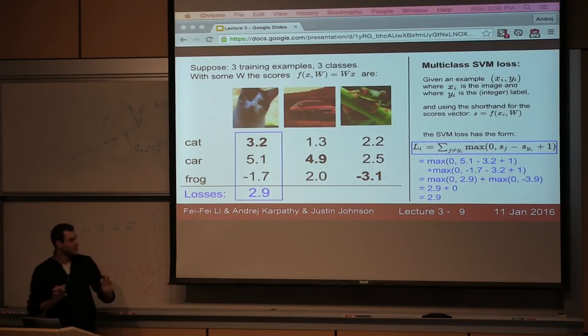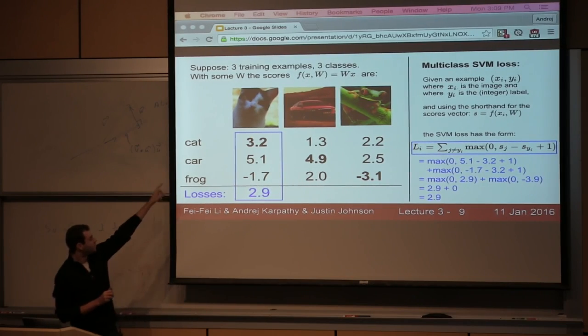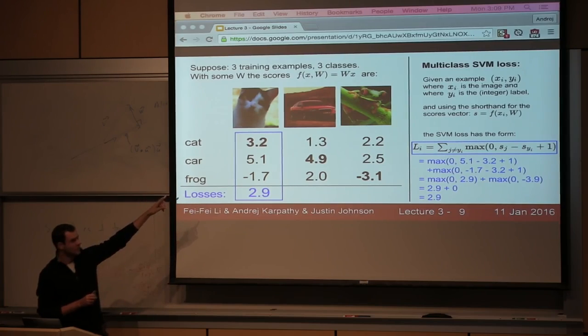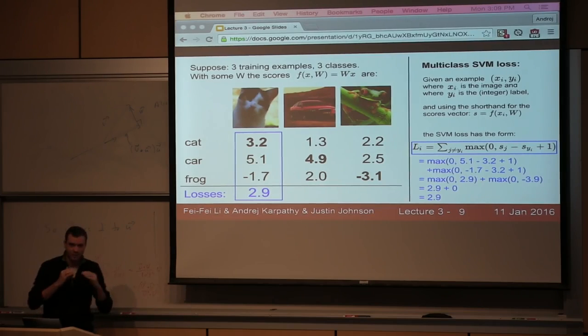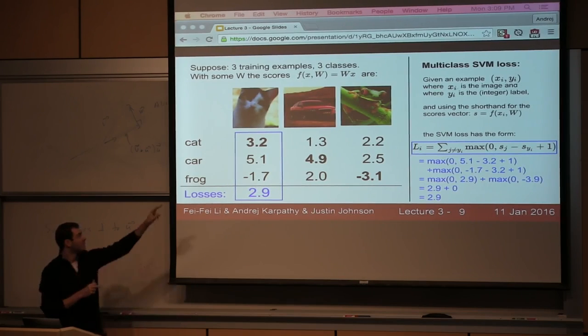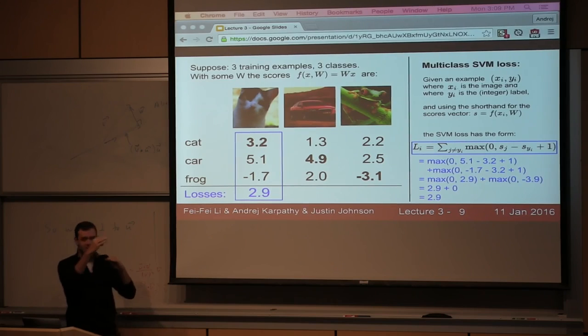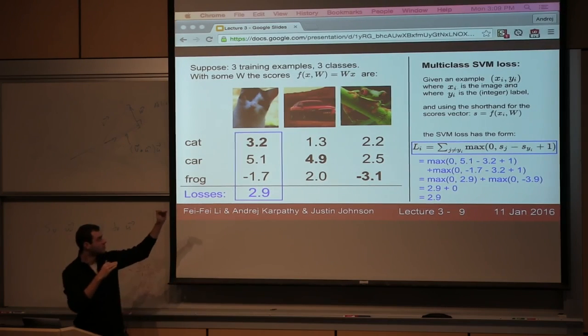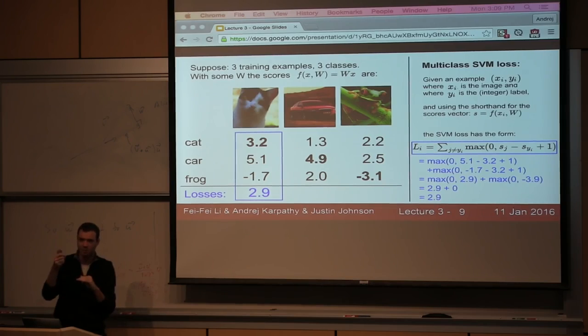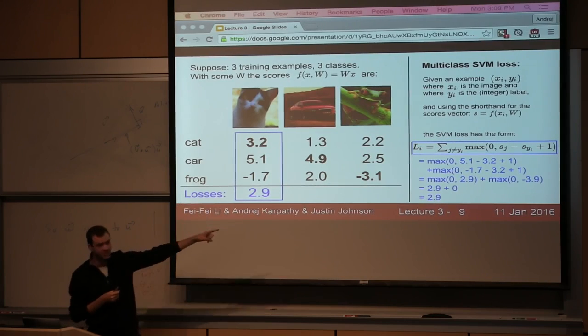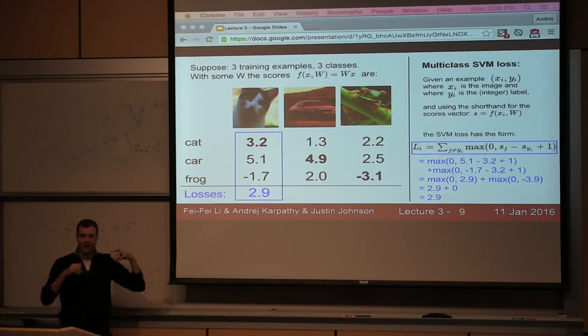So intuitively, the way this worked out, the cat score is 3.2. So according to the SVM loss, what we would like ideally is that the scores for all the incorrect classes are at most 2.2. But the car class actually had a much higher score, 5.1, and this difference between what we would have liked, which is 2.2, and what actually happened, which is 5.1, is exactly this 2.9, which is how bad of a score outcome this was.